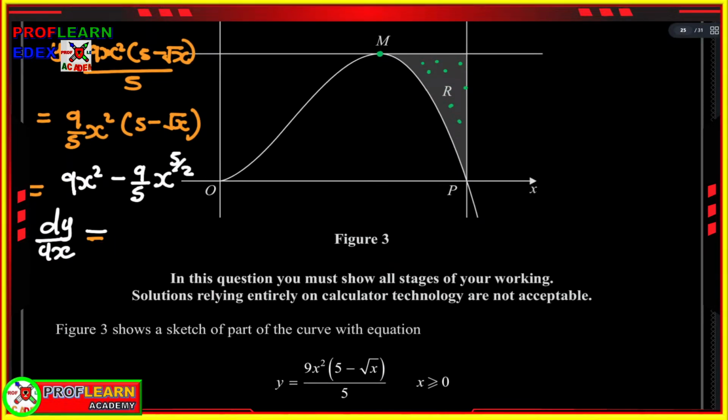So which means if you differentiate, this is going to be 18 minus, we take the power down, 5 over 2 times 9 over 5. What do we get? 5 over 2 times 9 over 5 is going to be 9 over 2.